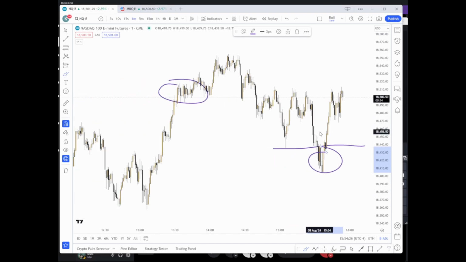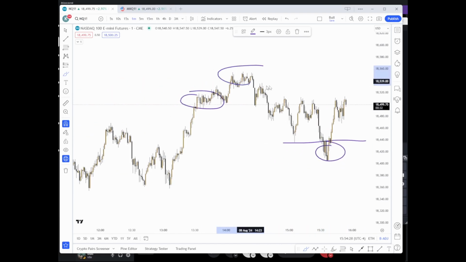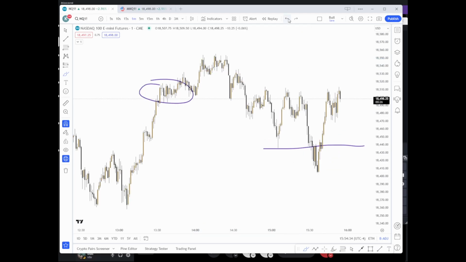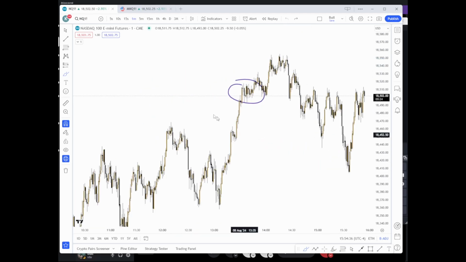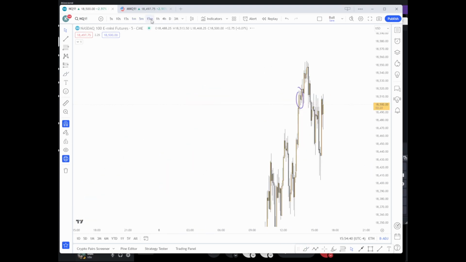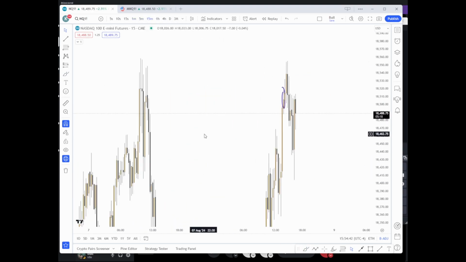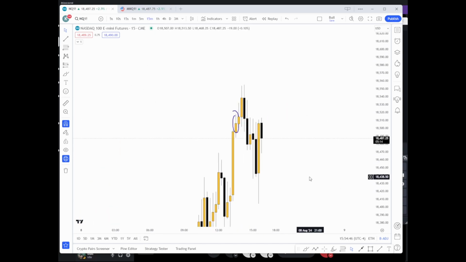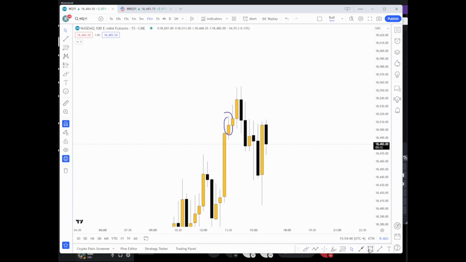And here we are. How likely is this going to be the top? Unlikely. Why? That's actually fair, but I don't like that it didn't sweep. That is fair.